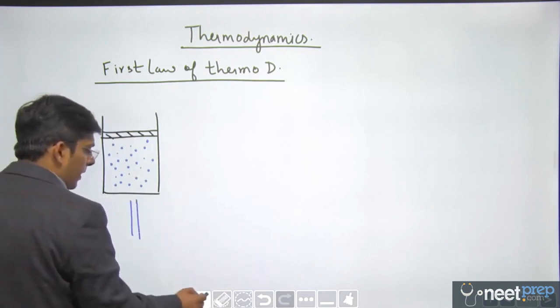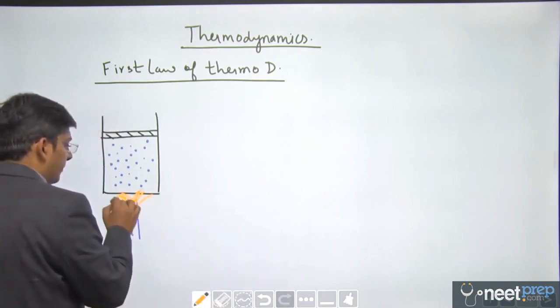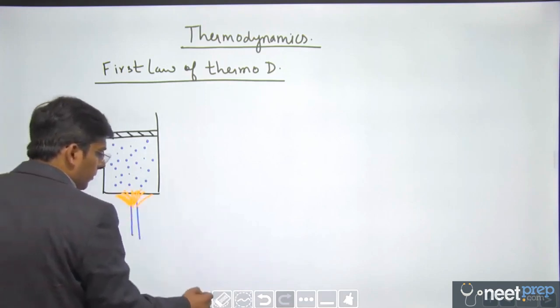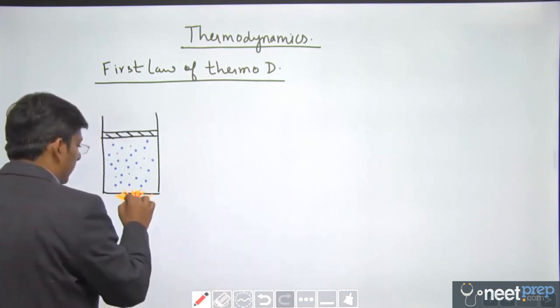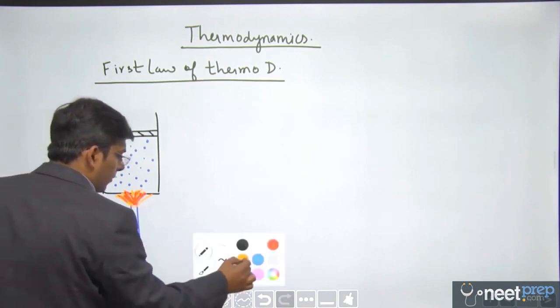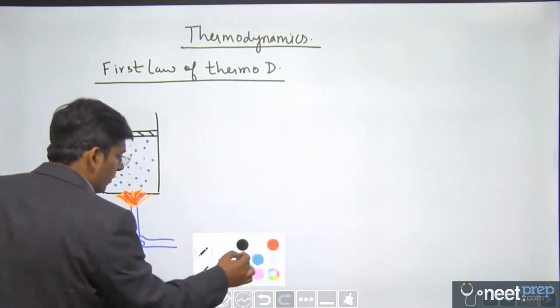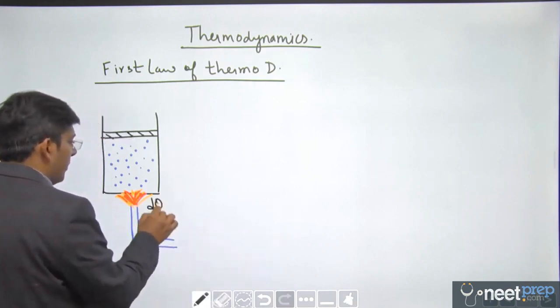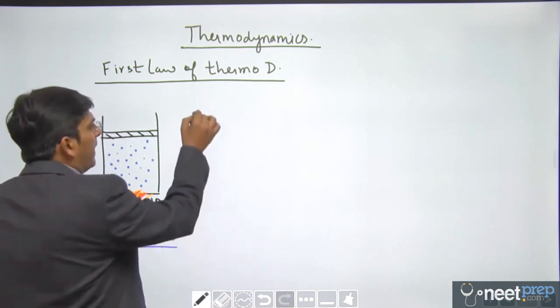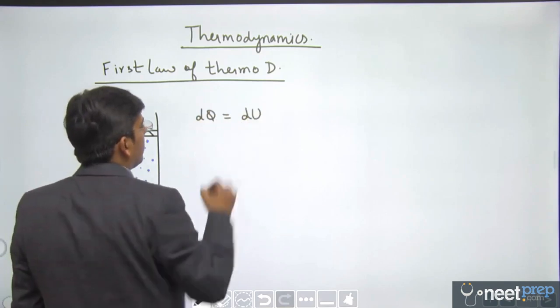Suppose we supply some heat dQ. So the heat supplied dQ is equal to the change in internal energy plus work done.